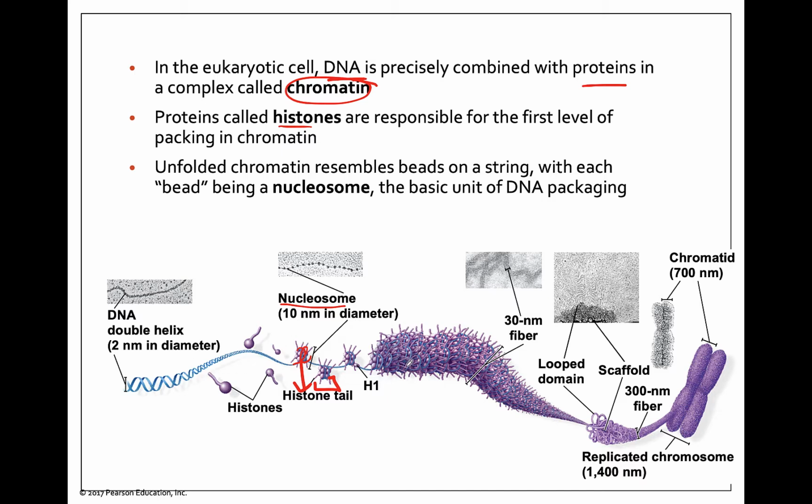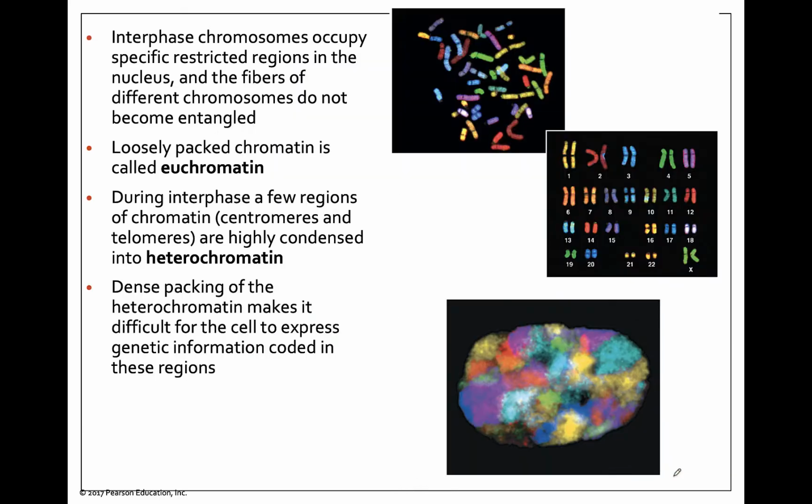Then we take these beads and wrap them up tighter and tighter, and loop those strings to make chromosomes. A lot of the time when we talk about this, we will talk about chromatin over here when it's loose, and a chromosome over here when it's dense.